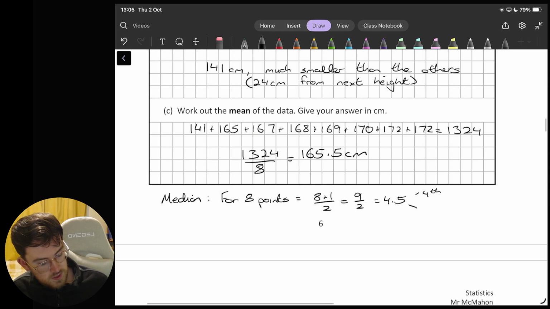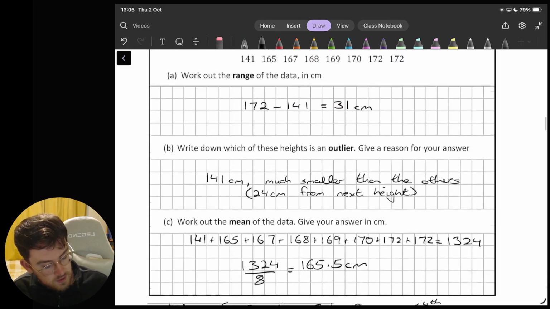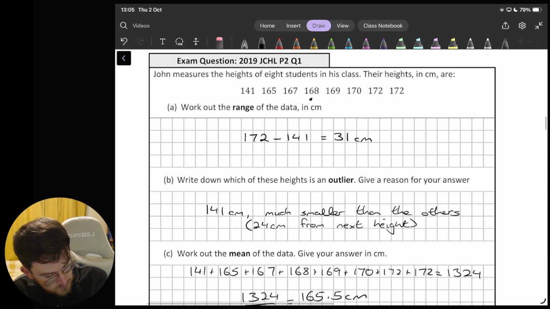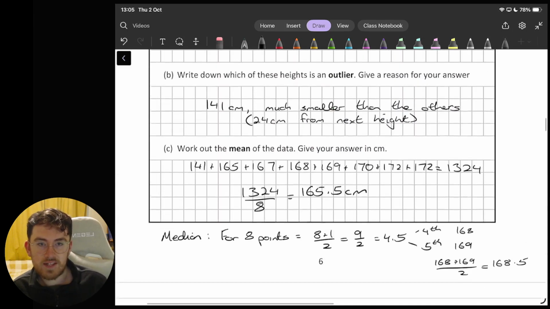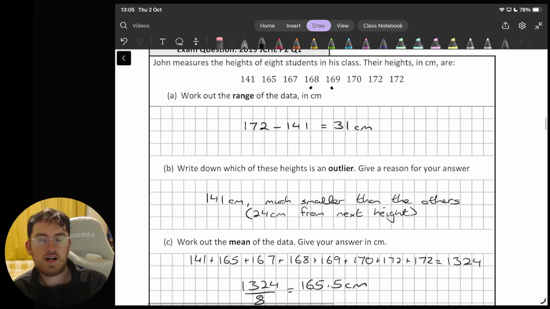So we're looking between the 4th and the 5th value. So between 168 and 169. And divide by 2, that's going to be 168.5. So we can see how not having that outlier there has allowed our average value from the median to be a little higher.